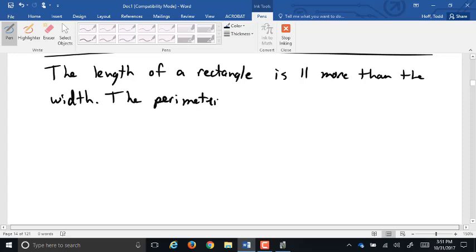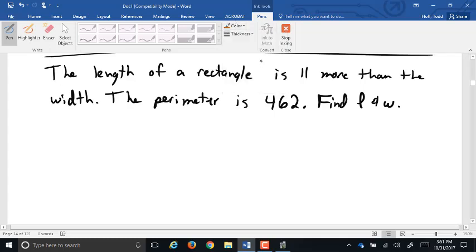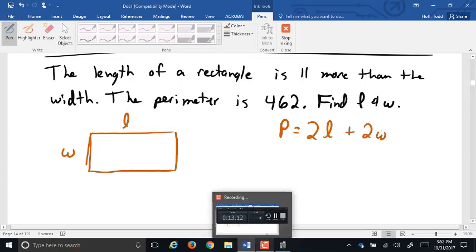The perimeter is 462. Find the length and width. I'm going to give you guys a couple minutes here, see if you remember how to do this. I'm going to put a couple of notes up here as you guys are getting started, just to maybe give you a little kickstart in the memory if you're having some troubles. And we'll talk about this in a minute or two.